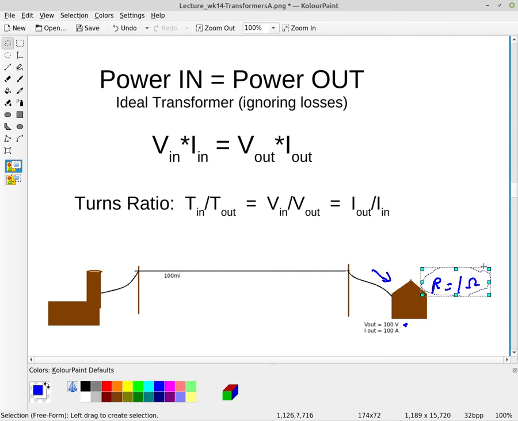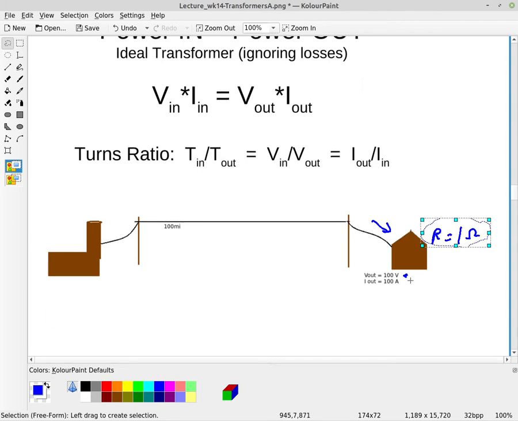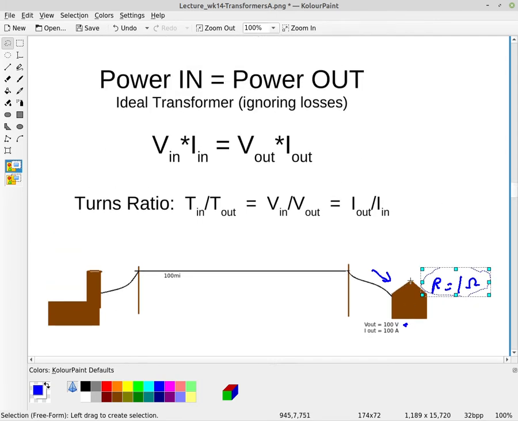So I had about 1 ohm of resistance in my house at the time that breaker tripped. We can also calculate how much power that was.